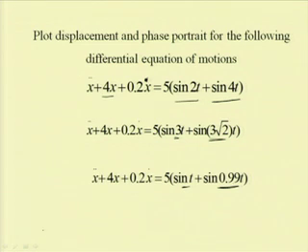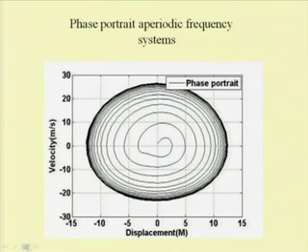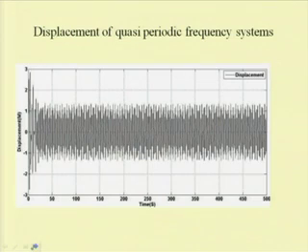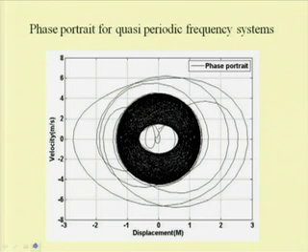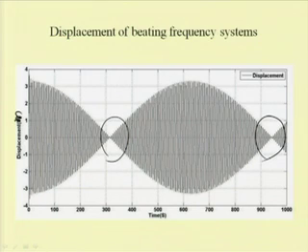By using this Runge-Kutta method, the response has been plotted for the three cases. This is the phase portrait and time response. This is the phase portrait for the quasi periodic response, and this is the response for the beating phenomenon. This shows the constructive and destructive interference when one has frequencies nearly equal.